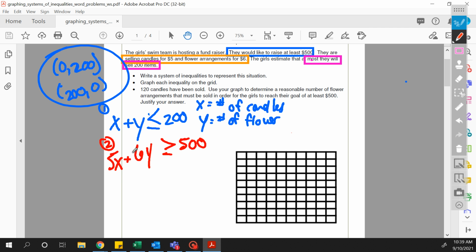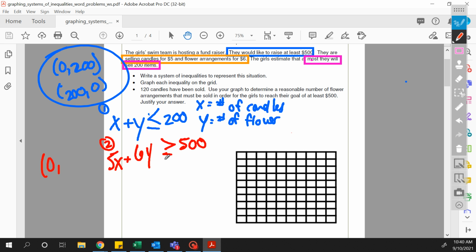Now, I want to know what two points I need to graph the second line. So 5x plus 6y greater than or equal to 500. I want the x and y intercepts for these. So let's assume that I don't sell any candles. I would plug in 0 for x, and the x term goes away, so I get 6y equals 500.